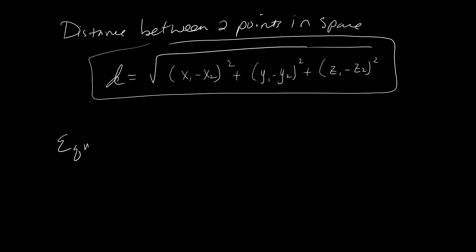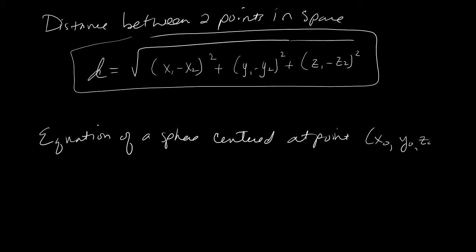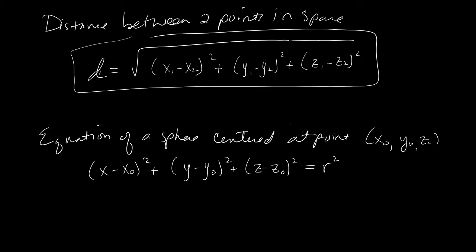So the equation of a sphere centered at point x naught, y naught, z naught is going to be given by this equation. (x minus x naught) squared plus (y minus y naught) squared plus (z minus z naught) squared equal to the radius squared. Okay, so there's our equation of a sphere. So we have our distance, equation of a sphere.